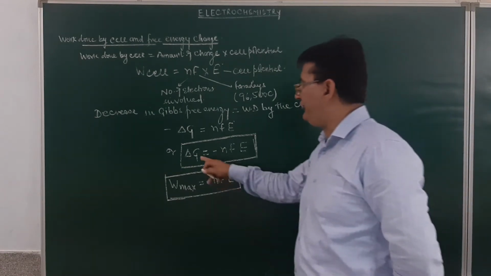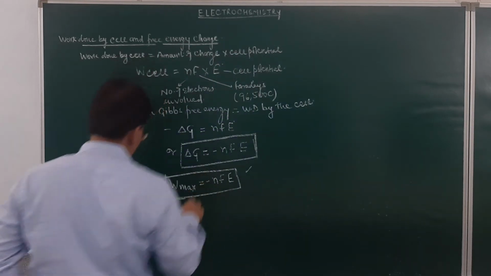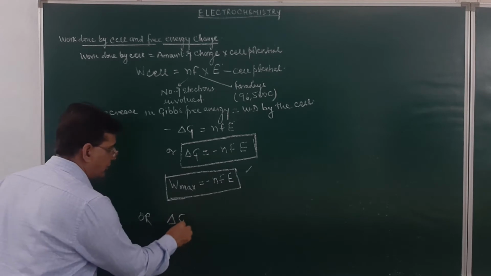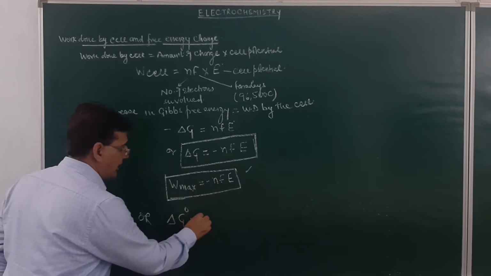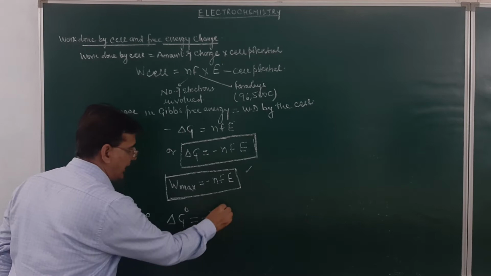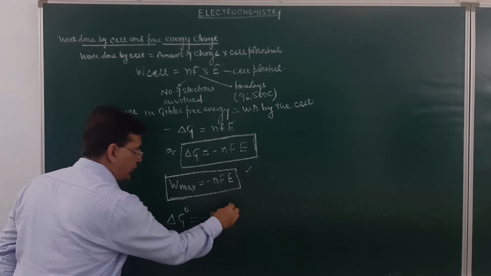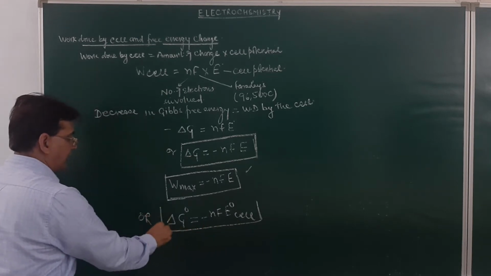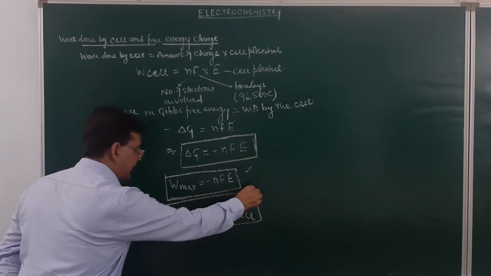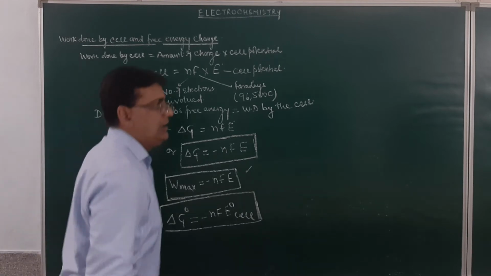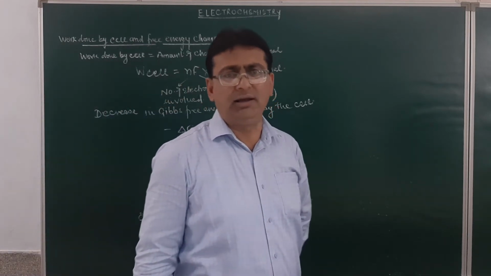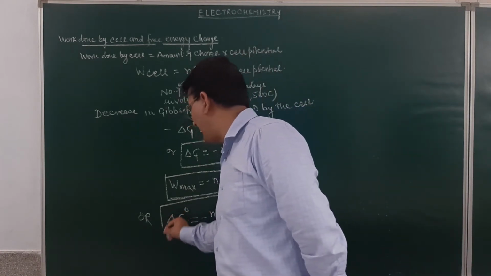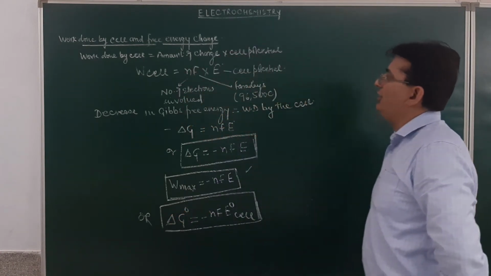Now, if this free energy is a standard free energy, delta G naught will be equal to minus N into F into E naught of a cell. Am I clear? So, this is how we may find it out.